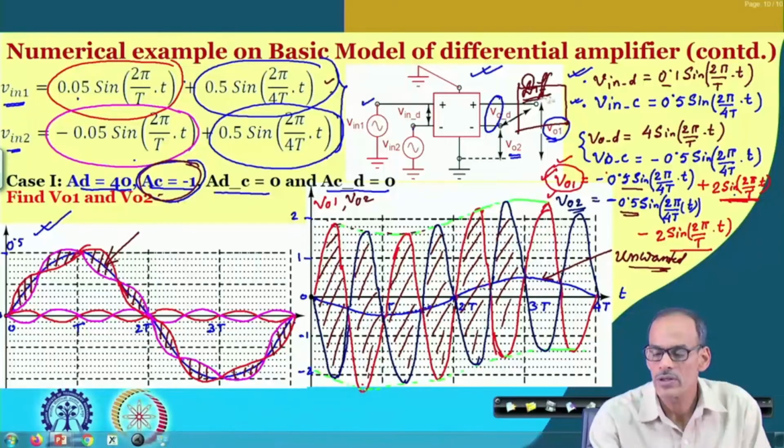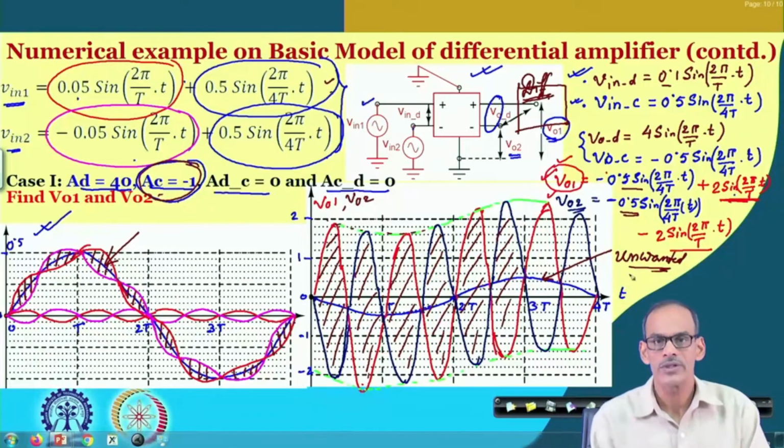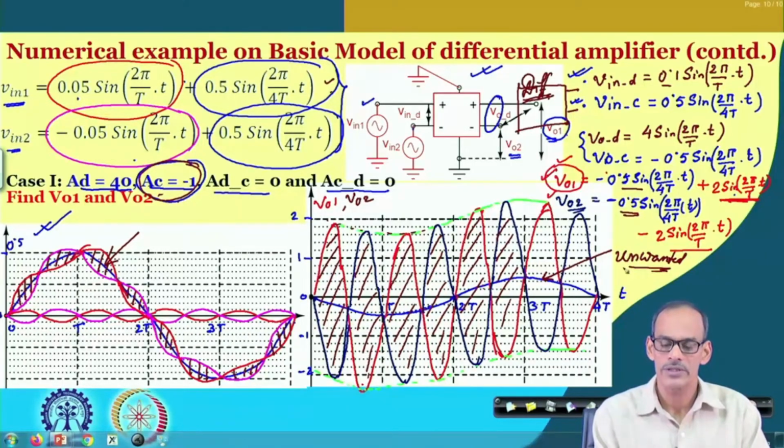Based on the AD and AC of the second differential amplifier, this common mode part, the unwanted part, can be further suppressed, and then you can get the individual signal coming out of the second differential amplifier. Probably hardly it will have this unwanted signal.